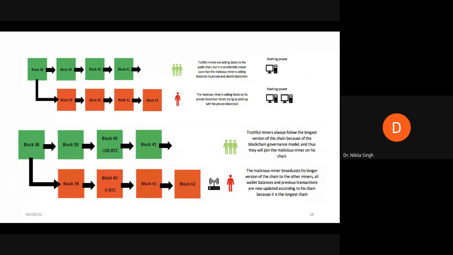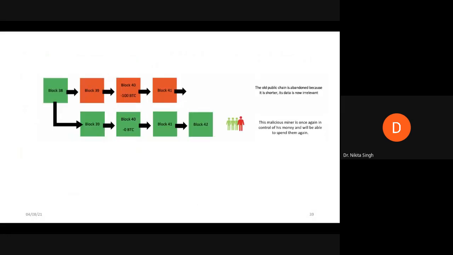Now, the malicious miner is once again in control of his 100 BTC and he will be able to spend them again. So this problem is known as the double spending problem. That is, the double spending problem refers to the problem of being able to spend your currency more than once.